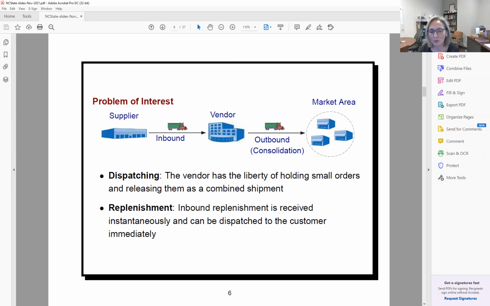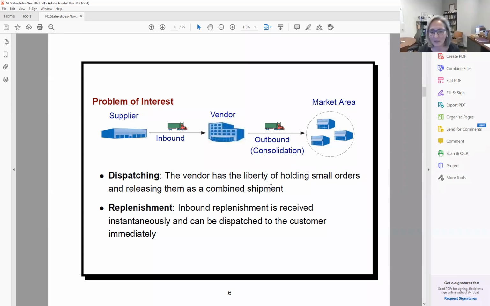The vendor also responds to demands, orders from a market area. There is opportunity to implement shipment consolidation in delivering shipments to the market area, and the deliveries are subject to an explicit outbound shipment consolidation effort in the context of the problem formulation that I am going to present today.